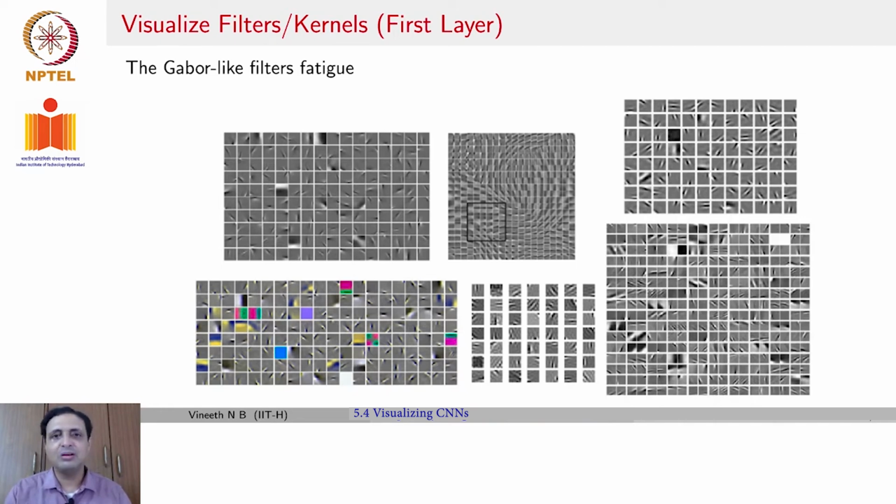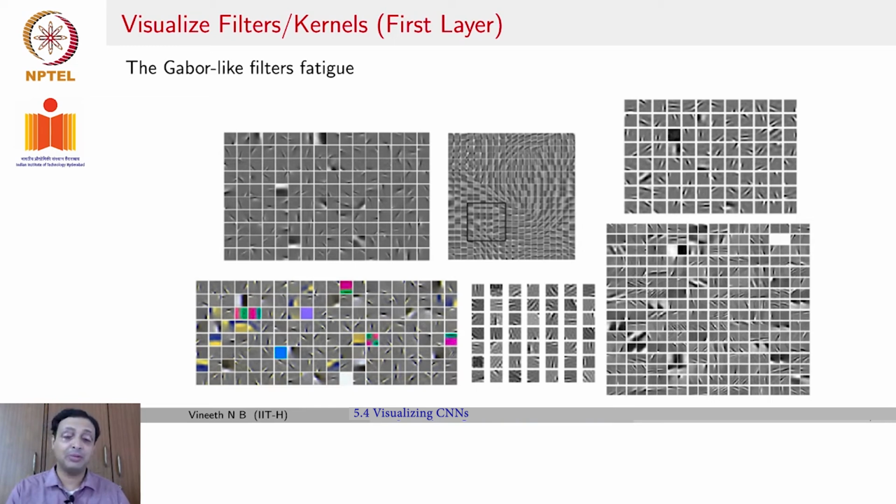Why is that so? Recall the Gabor filters discussion that we had earlier in the course, where we said a Gabor filter is like a combination of a Gaussian and a sinusoid. You can change the scale and you can change the orientation of the Gabor filter, and you end up detecting edges in different orientations.